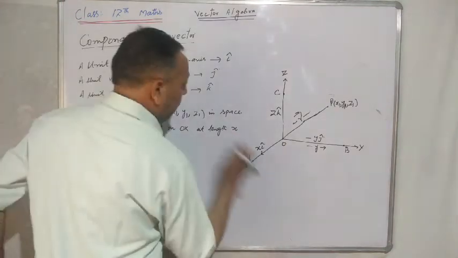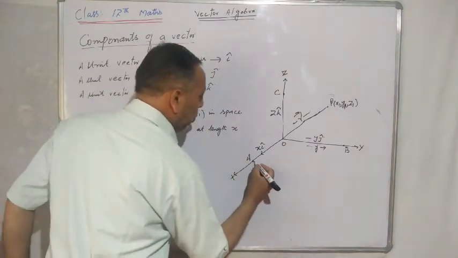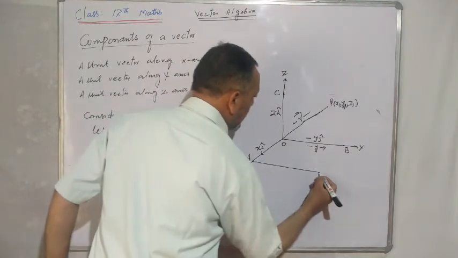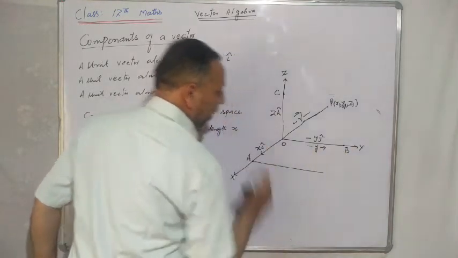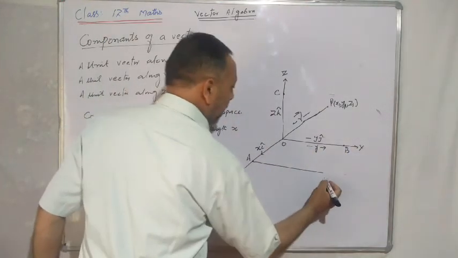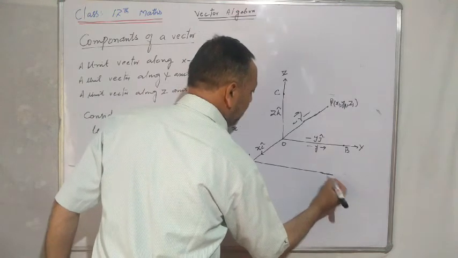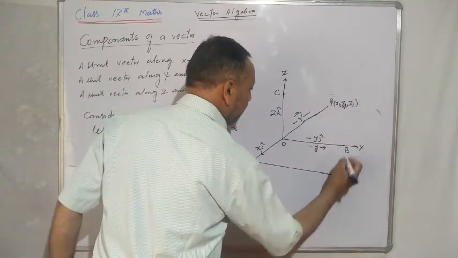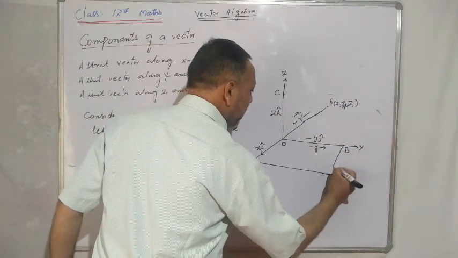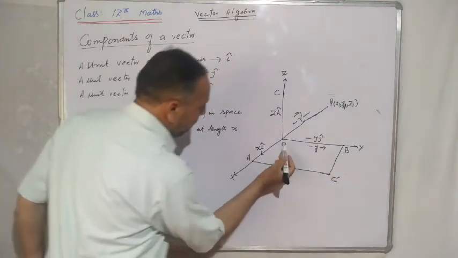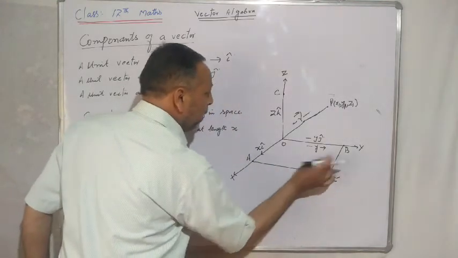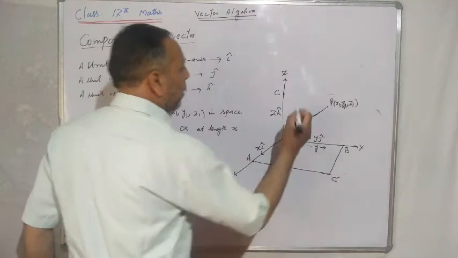Now from A, you draw a line parallel to OY. Let me name this point as C dash. Then join B, C dash. So that means this OAC dash B is a parallelogram.